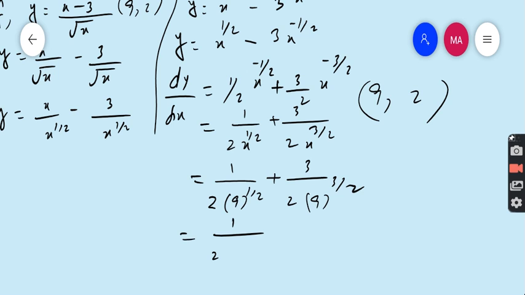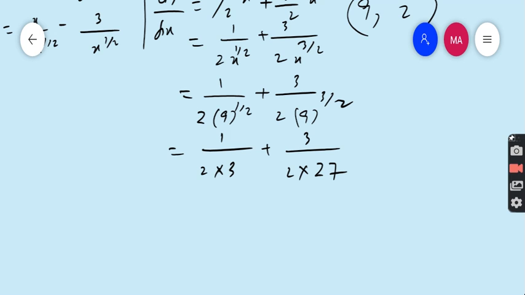1 upon 2, 9 to the power half, the square root of 9 is 3. I am writing directly. 3 upon 2, 9 is 3 square, and 2 cancels by 2, 3 power 3 is 27. 1 upon 2 into 3 is 3 upon 6, plus 3 upon 27 to the 54.